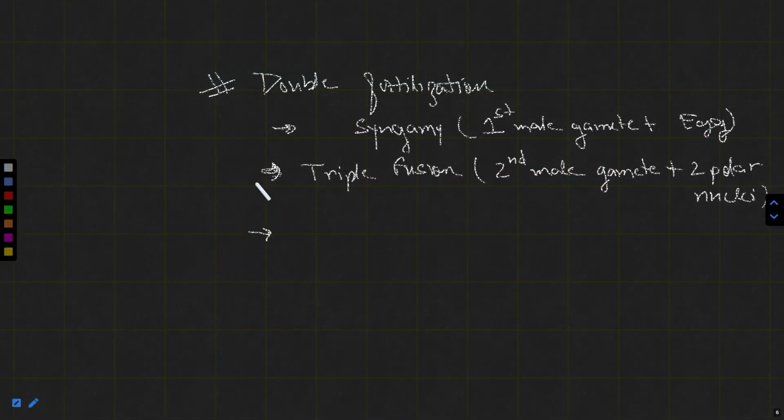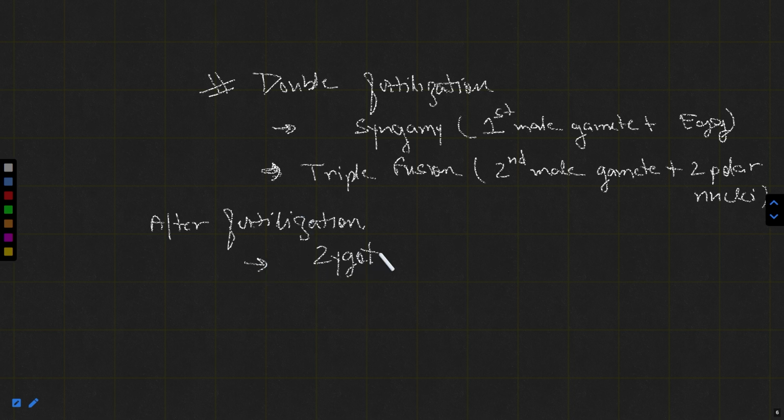So you can write what is happening after fertilization. First of all, the zygote is formed. The zygote is a diploid structure.